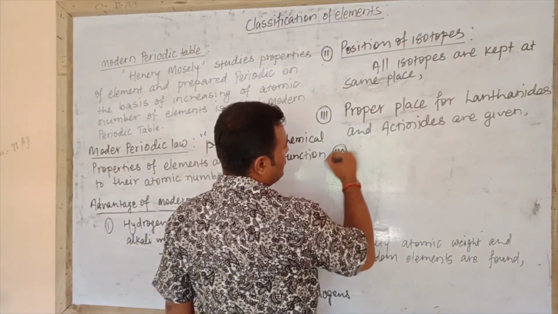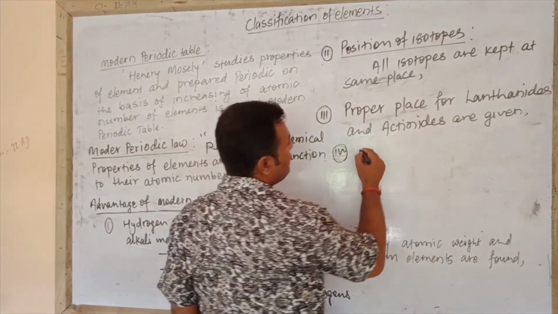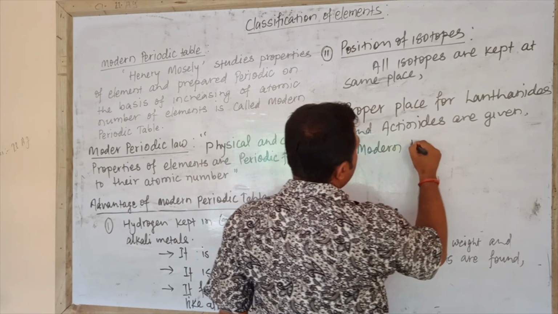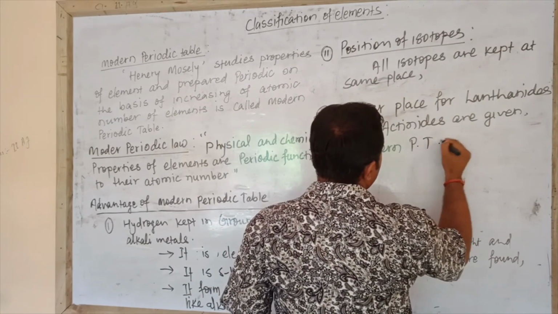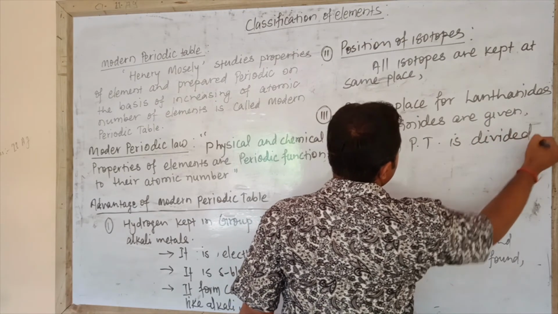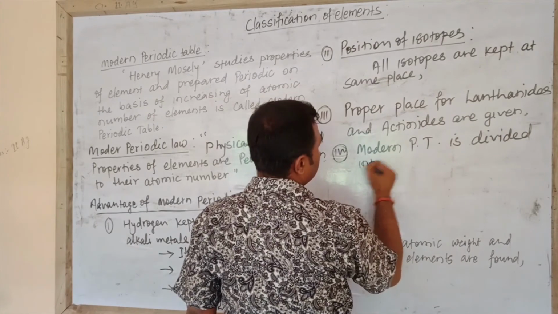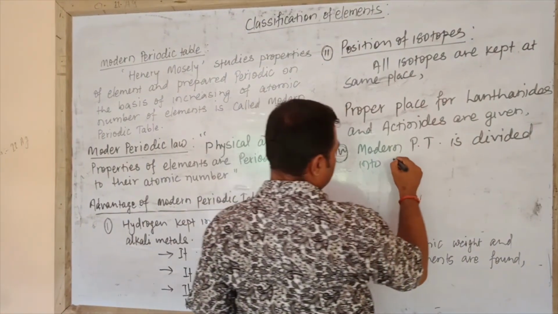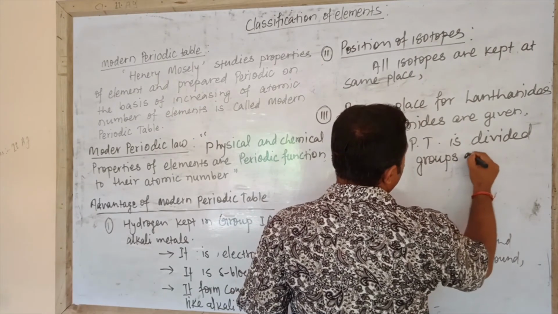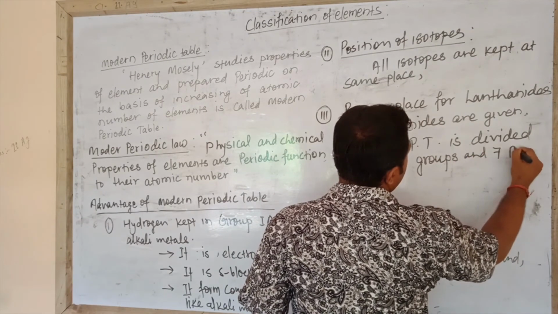As a fourth correction, we can write that the modern periodic table is divided into 18 groups and 7 periods.